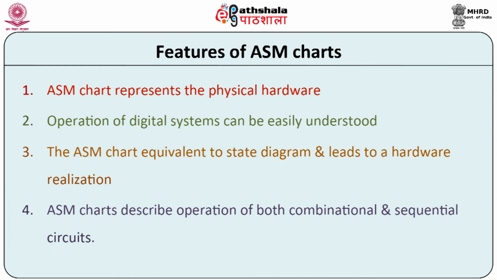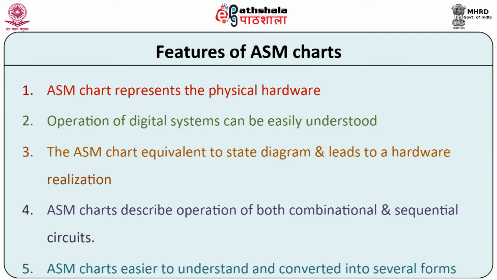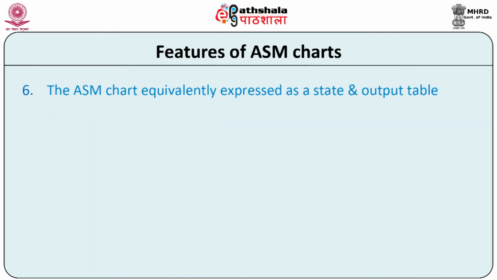Fourth, ASM charts can describe the operation of both combinational and sequential circuits. And fifth, ASM charts are easier to understand and can be converted into several equivalent forms. Sixth, the ASM chart may be equivalently expressed as a state and output table.